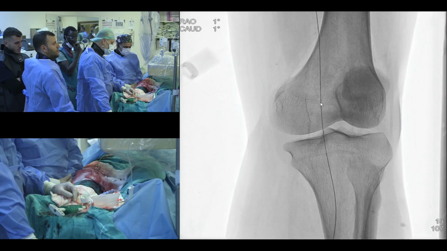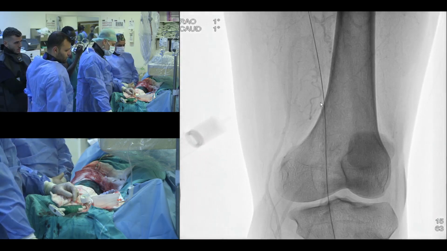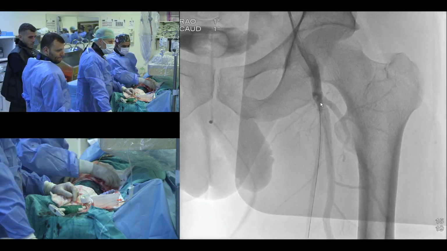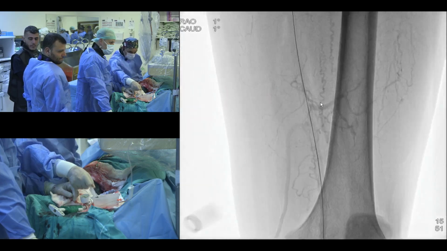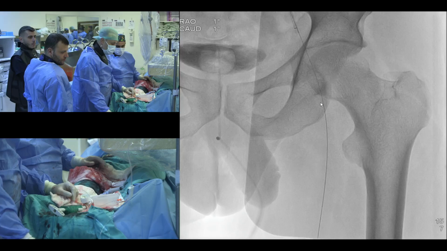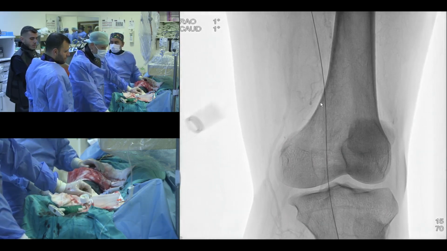We can see the profunda and the SFA, and with the help of that roadmap, we had another 0.035 hydrophilic wire and crossed to the SFA and then continued in the antegrade fashion. The next image, please.